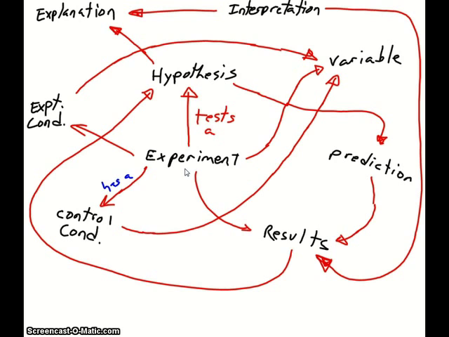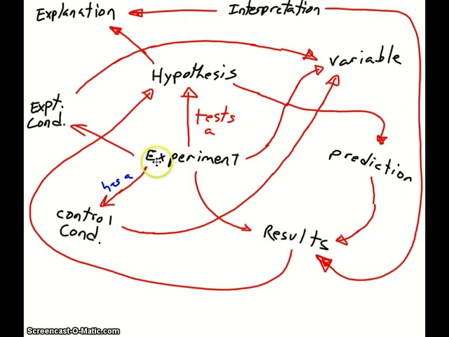So as an exercise, we can practice filling in some of the linking ideas along these arrows. Each of these arrows that has nothing written down on it would have to be filled in. So we would need something that links the idea, for example, of experiment and results. Well, you might say that an experiment produces results.